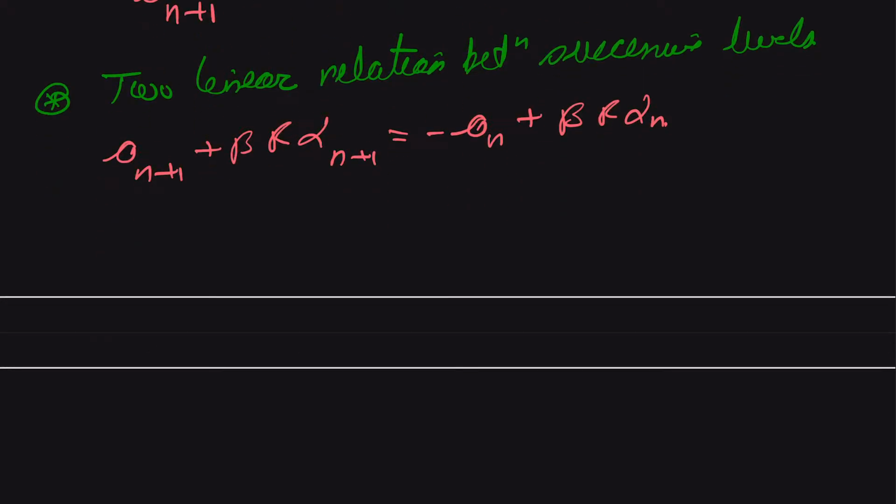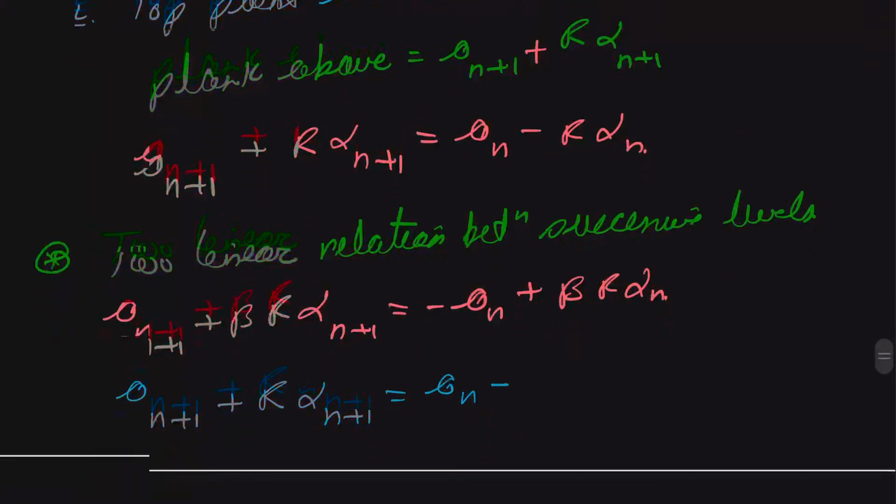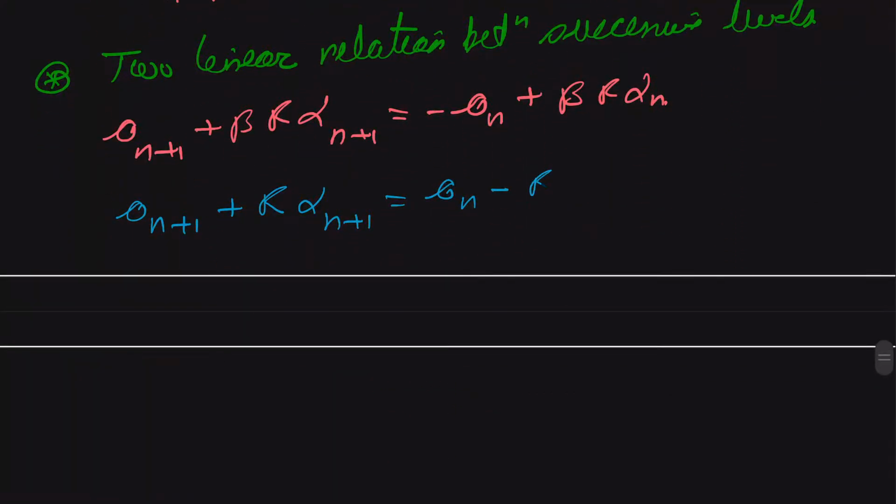we can write it as a n plus 1 plus r alpha n plus 1 is equal to a of n minus r alpha of n.